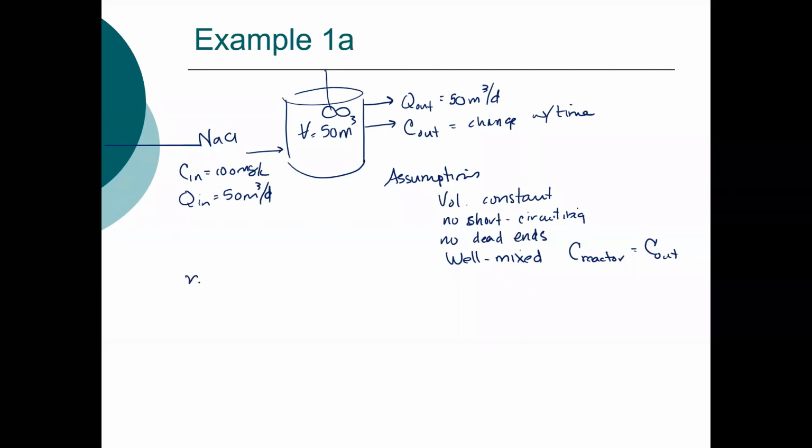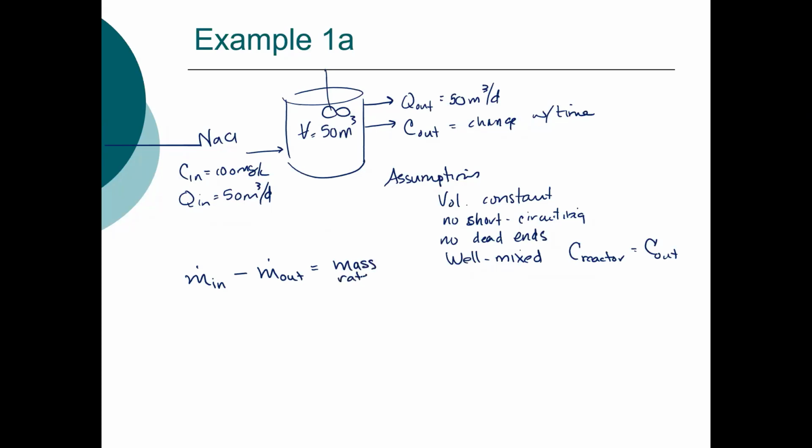So if that's the case, the mass rate in minus the mass rate out equals the mass rate accumulated. And we can write this as mass rate in minus the mass rate out equals the mass rate accumulated, or change in mass with respect to time.